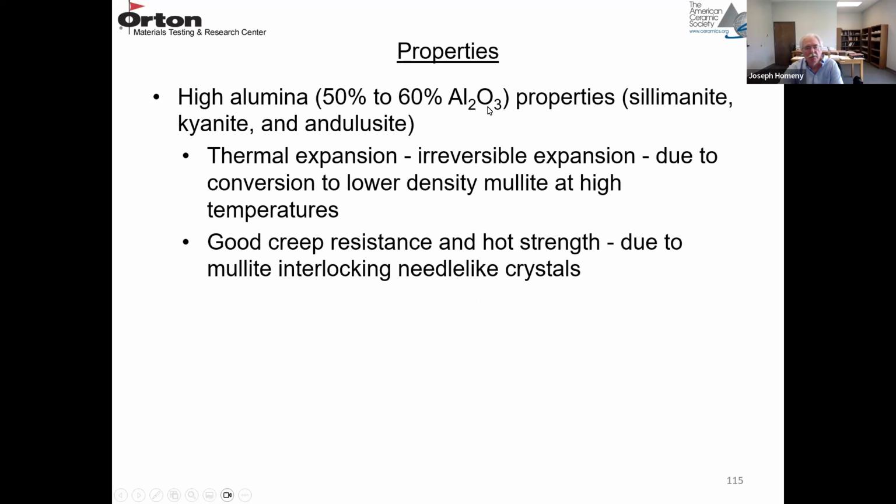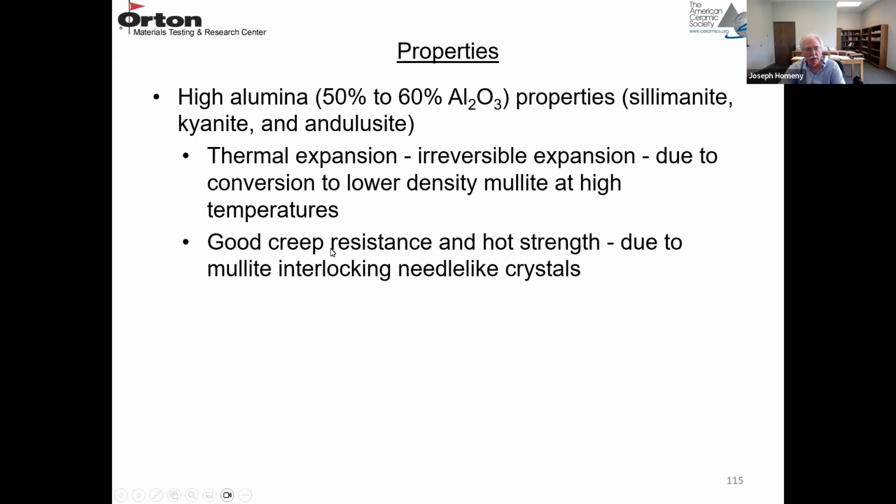50 to 60% alumina, you're using sillimanite, kyanite, or andalusite, and you can have this irreversible expansion when you convert to the lower density mullite at high temperature. So when any one of these anhydrous aluminosilicates convert to mullite, you have this volume expansion.